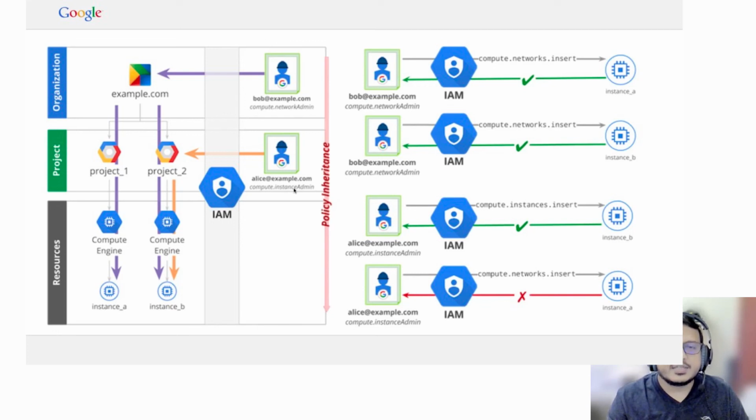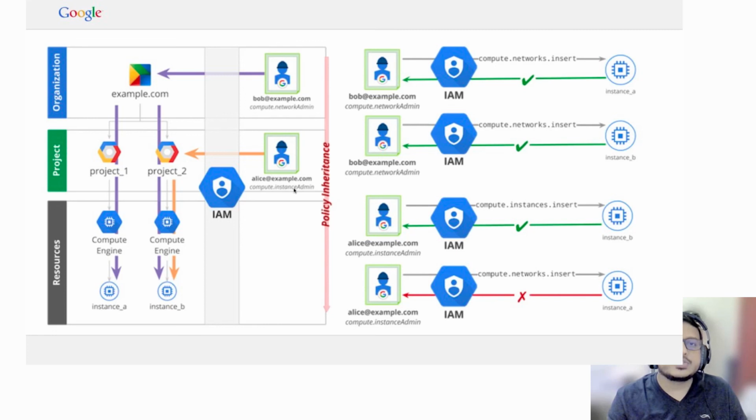And there is a group called All Authenticated Users. This represents any authenticated users in GCP, and there is a group All Users, which denotes any user, authenticated or not.